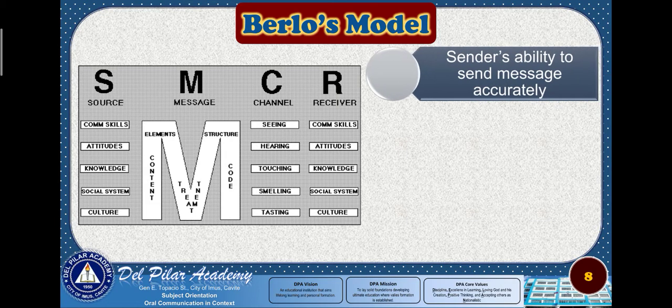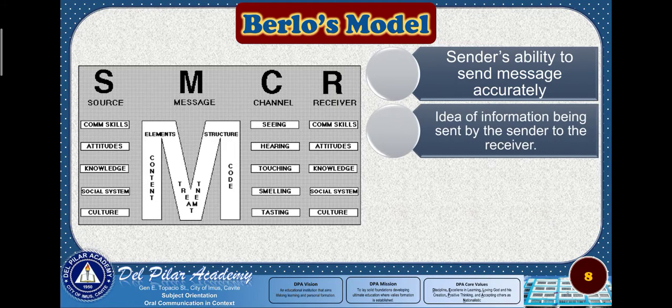So again, the sender's ability to send the message accurately affects the source. The message is the idea or information being sent by the sender to the receiver, which is affected by content, the elements, the treatment, the structure, and the code.